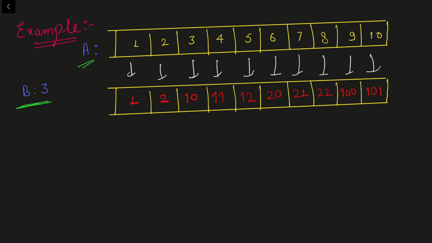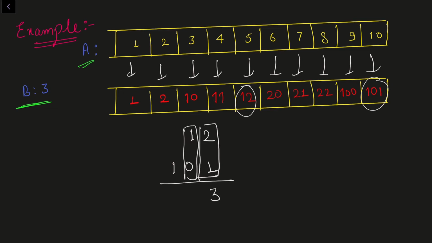And the sum that we are talking about, let's say we are given two numbers. Let's say I choose this one, 12 and 101. Then how do I need to sum them? I'll write them here, 12 and 101. I'll add these two, it will give me 3. I'll add these two, it will give me 1. I'll add this, it will give me 1.